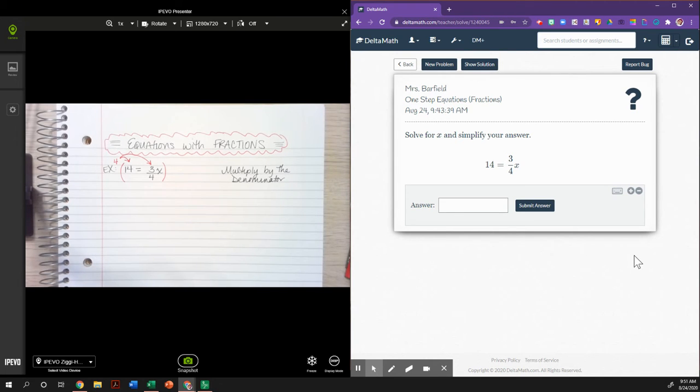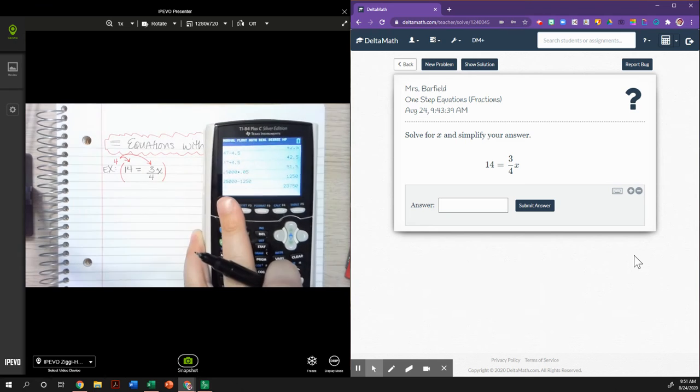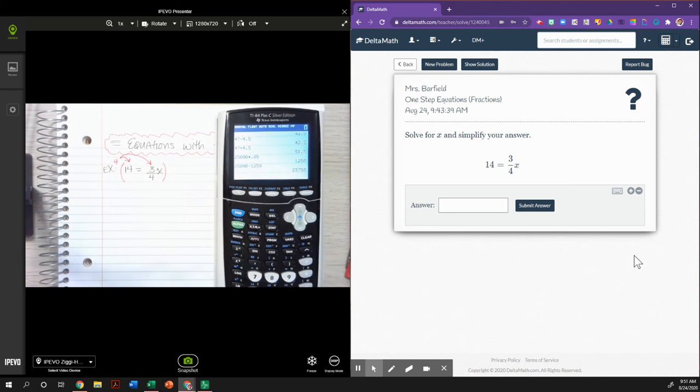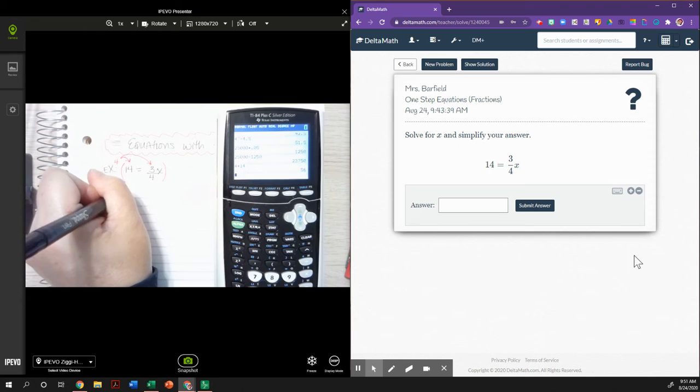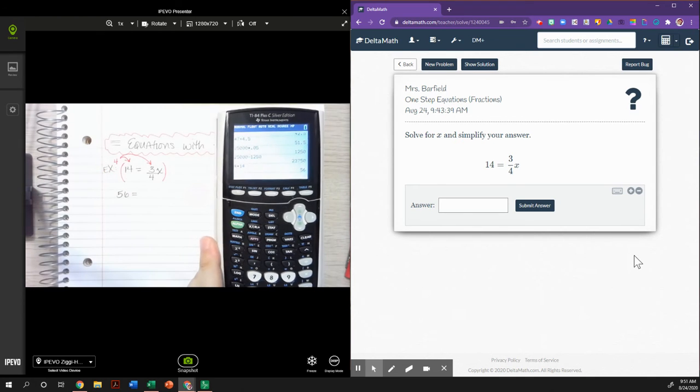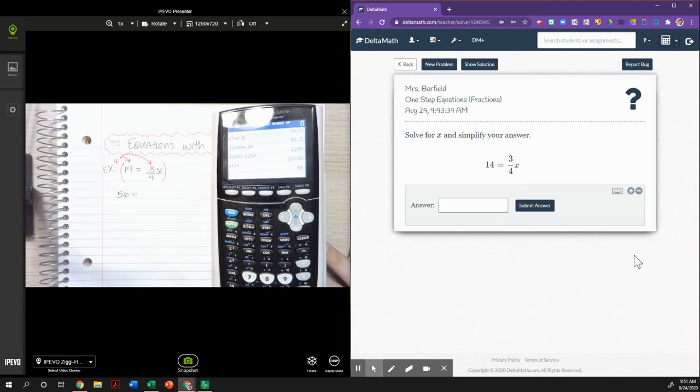This is why I mentioned that you might want to have a calculator by your side, because some of the numbers you get might be a little bit larger than you're comfortable doing in your head. So 4 times 14 gives me 56 equals. Then 4 times 3/4.